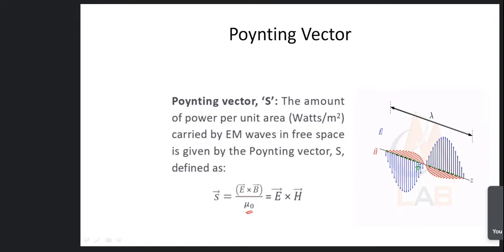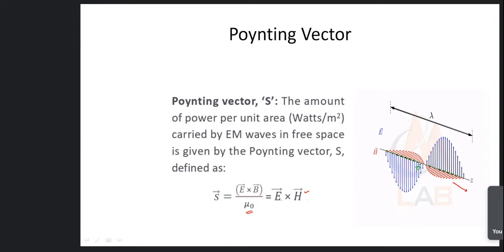Or we can also write it in terms of H, because B divided by mu naught is H, so it is E cross H. The magnitude of this vector is the magnitude of this cross product, and the direction is perpendicular to both E and H, because it is the cross product of E and H. The direction is the same as that of the propagation of the electromagnetic wave.